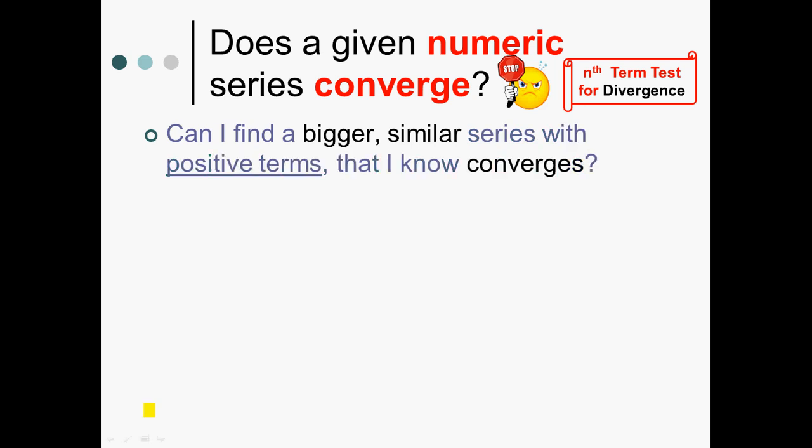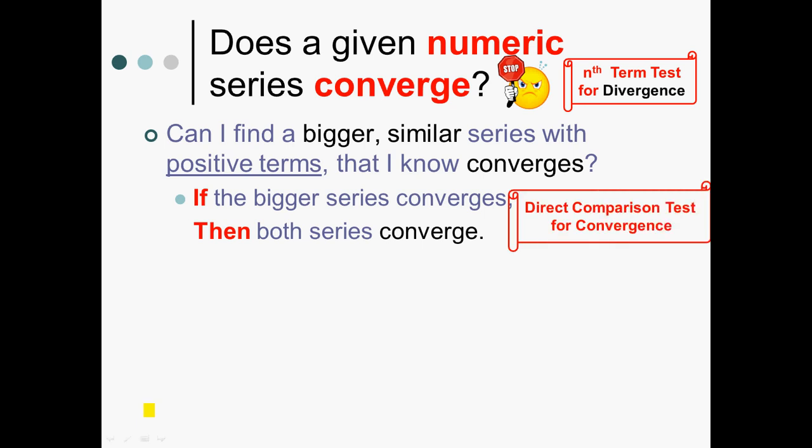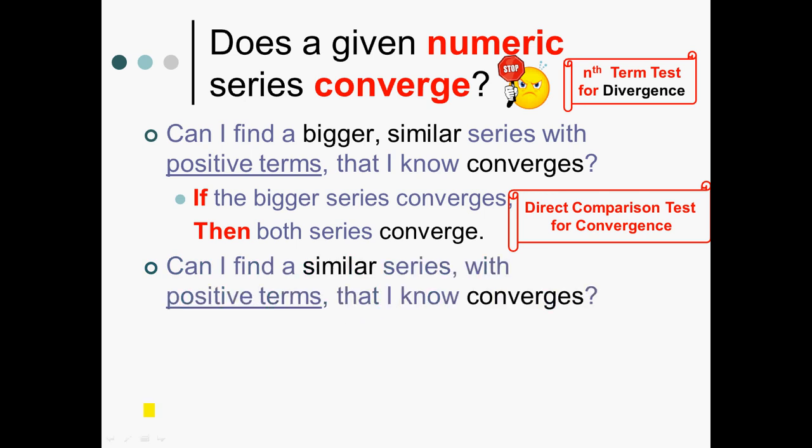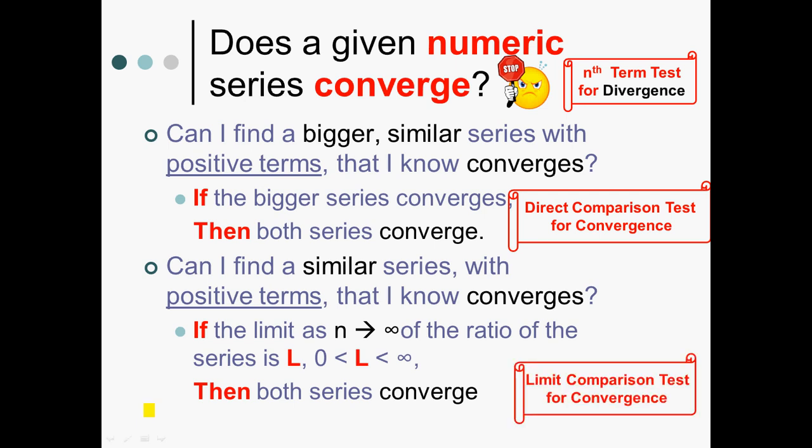If I have a series that is close to geometric or close to a p-series, I can use the direct comparison test if I know that the series that I know converges lies on top. Or if I find a similar series with positive terms that converges, and I take the limit of the ratio, don't confuse this with the ratio test, and the limit is between 0 and infinity, then both series converge.